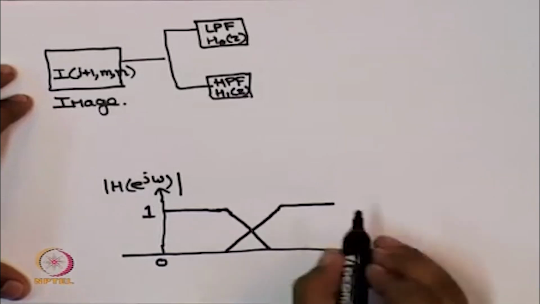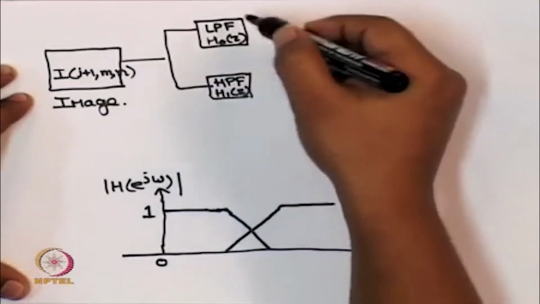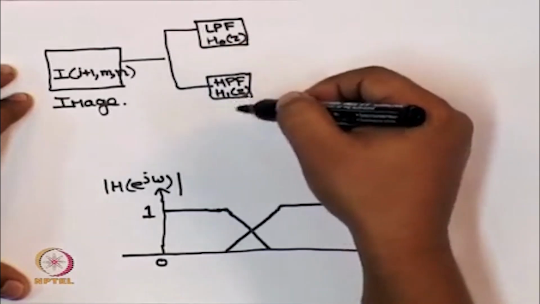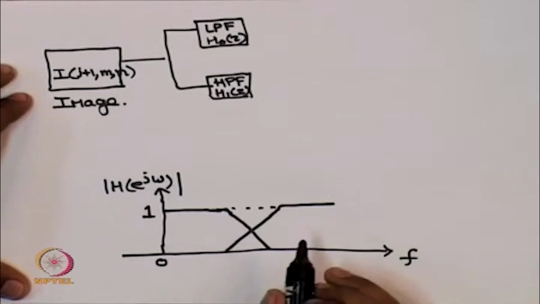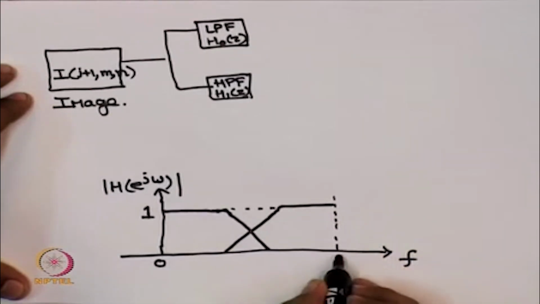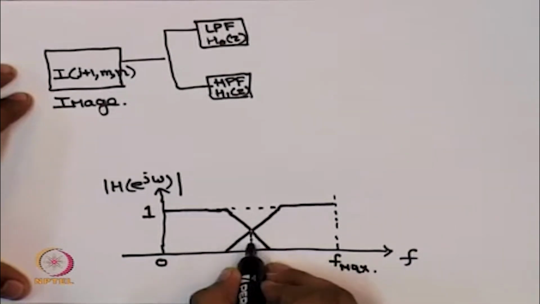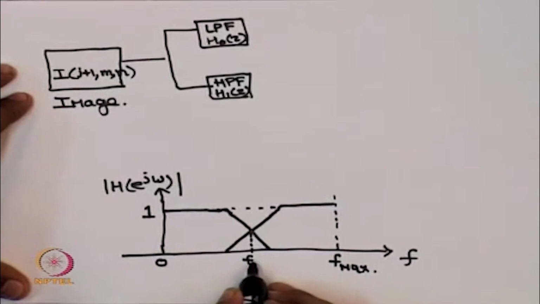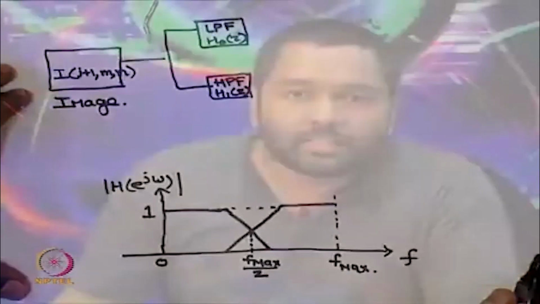What I mean to say is that this overall structure should be able to pass all the frequencies, and if this is my maximum frequency f max, then this point is f max upon 2. Therefore, we can say that the bandwidth of the signal is halved.